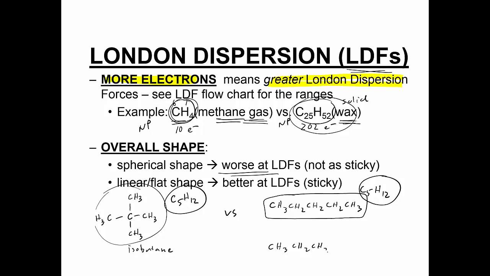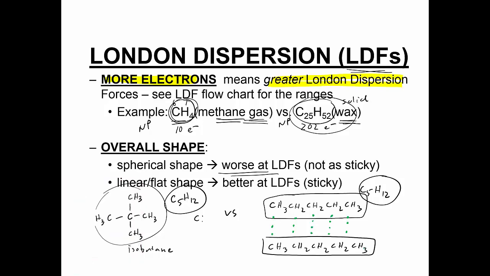If we draw another one, there's much more surface area for this one to do, well, let's keep it green here, there's much more surface area for this to do those momentary dipole interactions. Versus if you have a ball like this one.